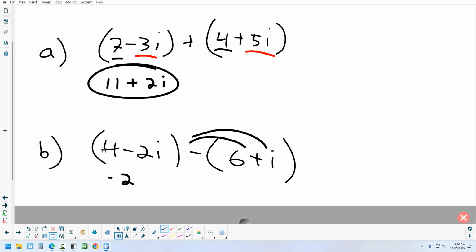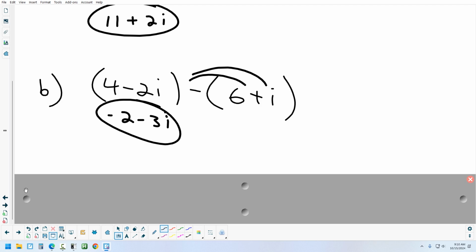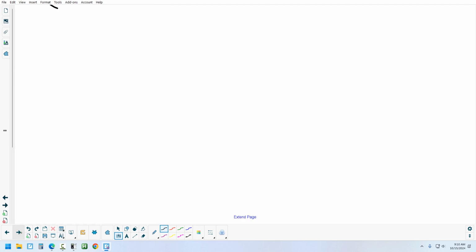So we get 4 minus 6. That's going to give me -2. And then we have -2i minus 1i minus 3i. So that's an i right there. Okay, any questions on that one? Okay, so that's adding and subtracting.